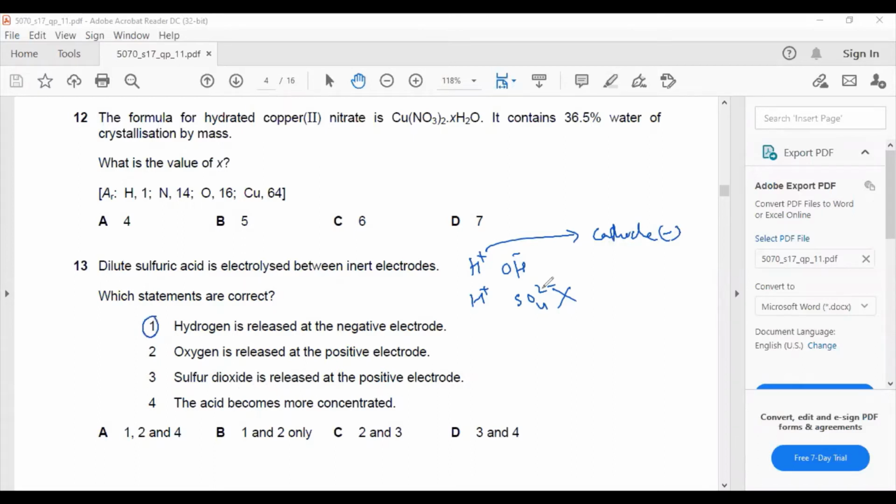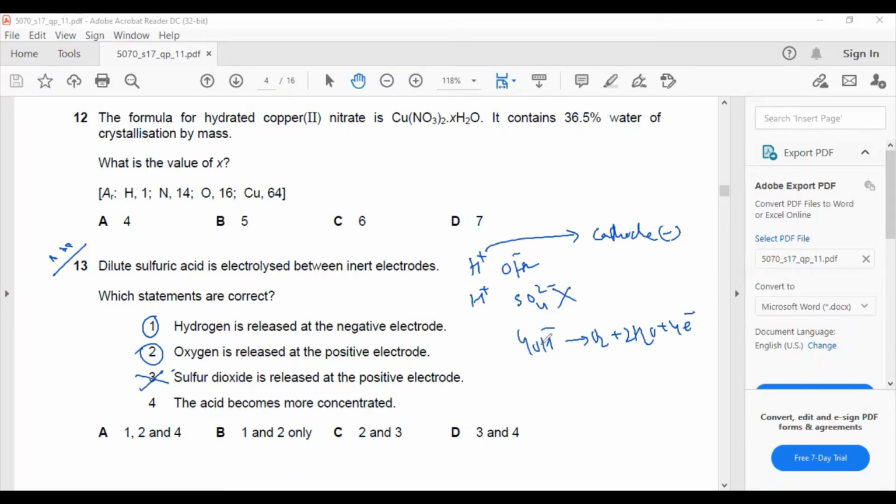And OH ion releases. So what's the equation for the OH ion? Oxygen is produced. So 1 and 3 are important. What about 3? Sulfur dioxide is not released. The acid becomes more concentrated.